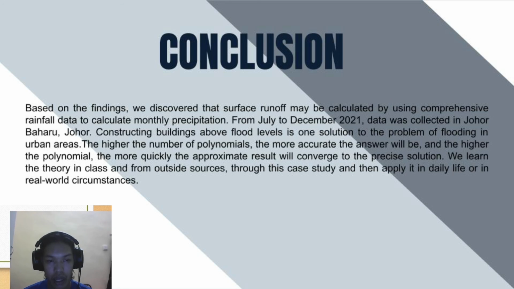And the higher the degree of the polynomial, the more accurate the answer will be. We learn the theory in class and we apply it in daily life. Thank you.